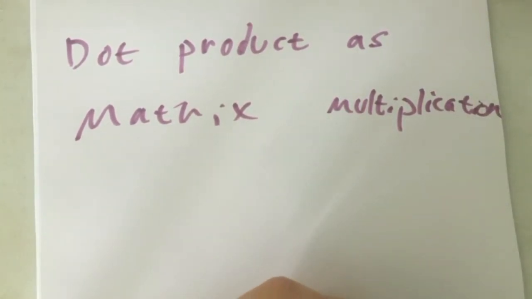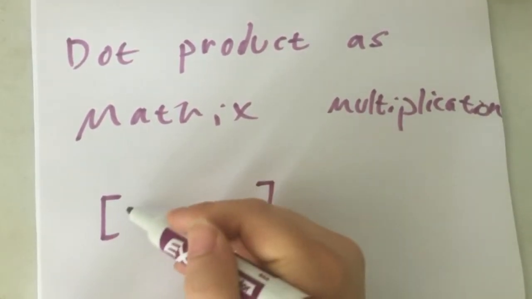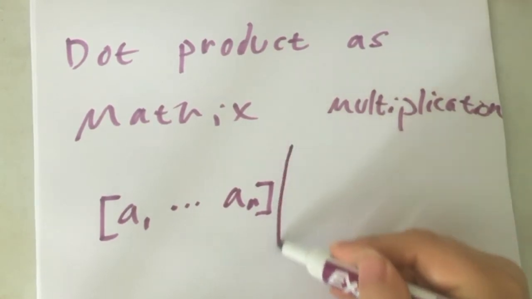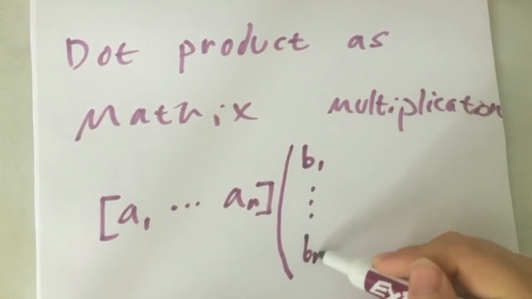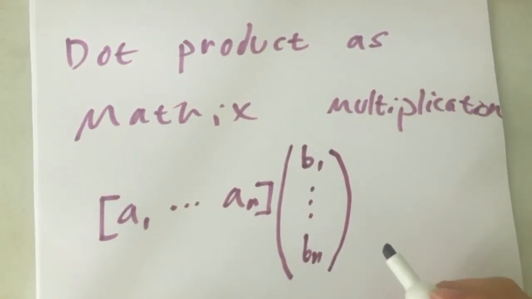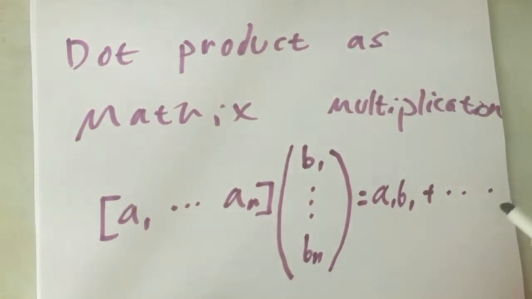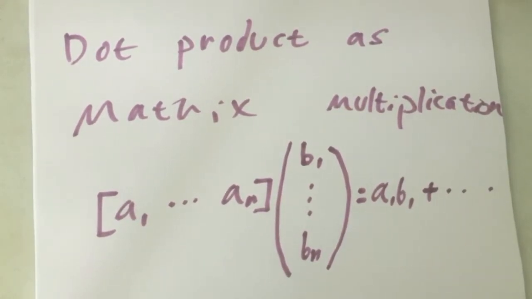And the idea is that we're going to be taking a row vector, a1 to an, and we multiply it by a column vector, b1 through bn, to produce the same formula we just saw. This is the formula we just saw, and now we're interpreting it as multiplying a vector by a matrix.